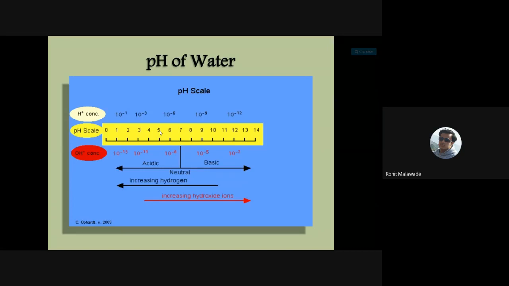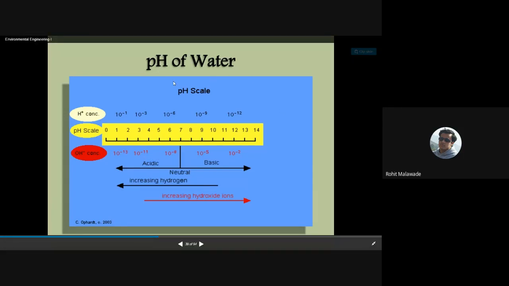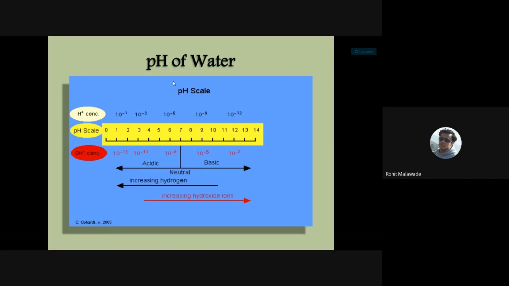Your drinking water should be between 6.5 and 8.5 pH. Now, pH does not have any units. It is only a numerical number.